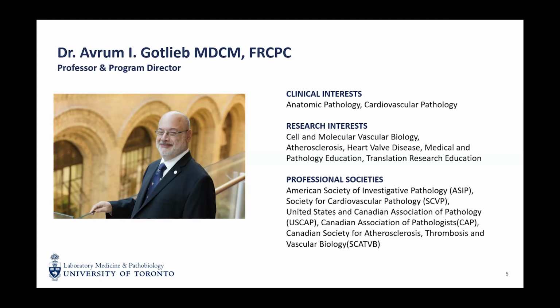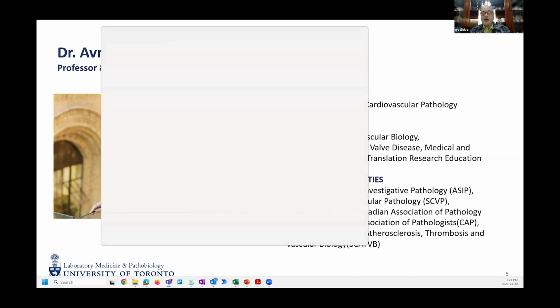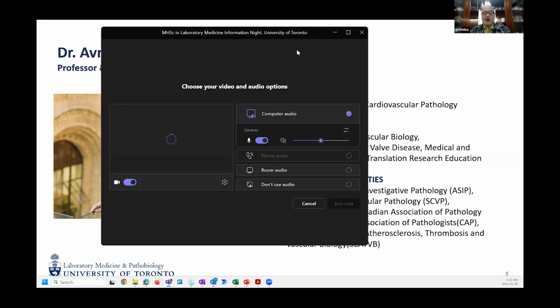I have interest in research in cell and molecular vascular biology and in cardiovascular pathology. And also, like most of us involved in presenting the program, we have a strong interest in education. For myself, it's in pathology. For others, it's in clinical embryology.